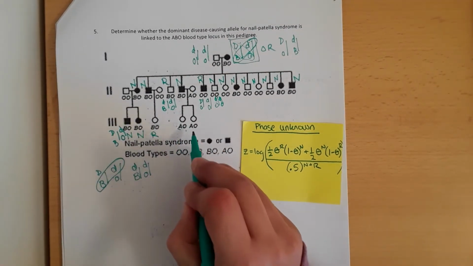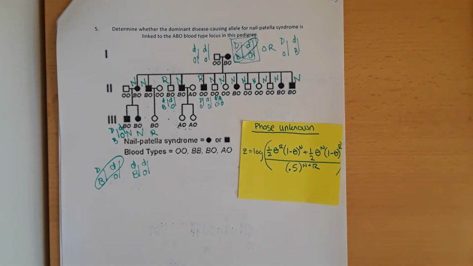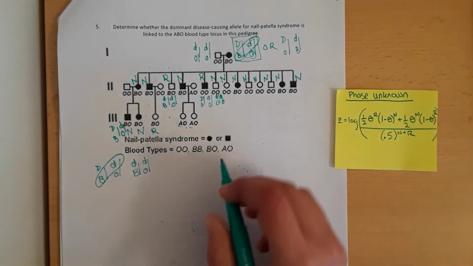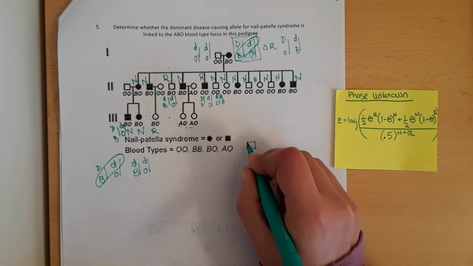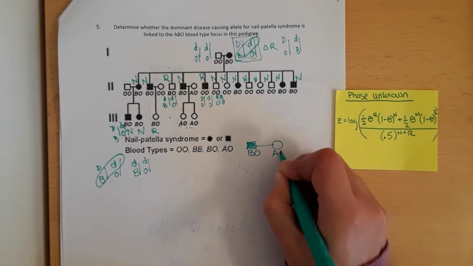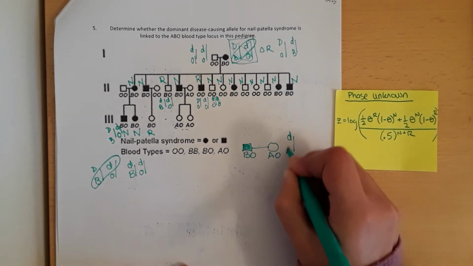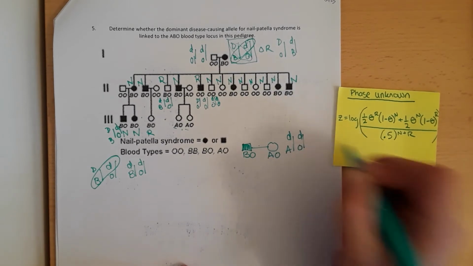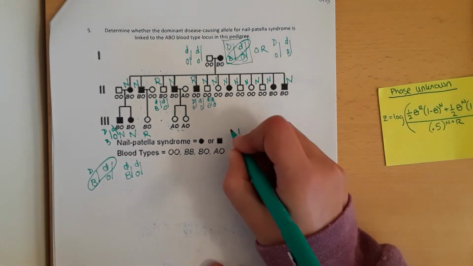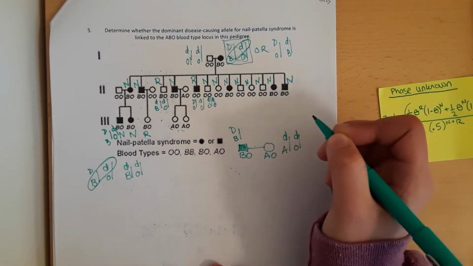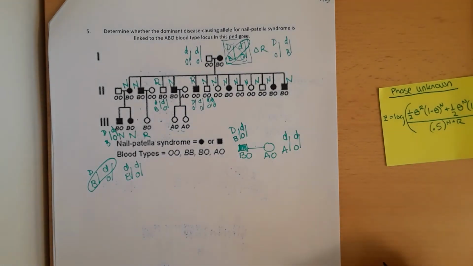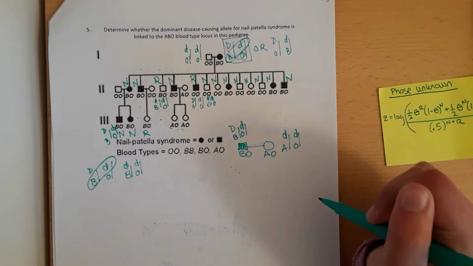Now here we have an A thrown in, but that's not a problem because we can go back to these parents. So I'll write this over here. So the dad is BO and the mom is AO. So the mom looks like this. And then the dad looks like this. The disease gene is going to be on B, and it isn't on O because it's not on O over here.